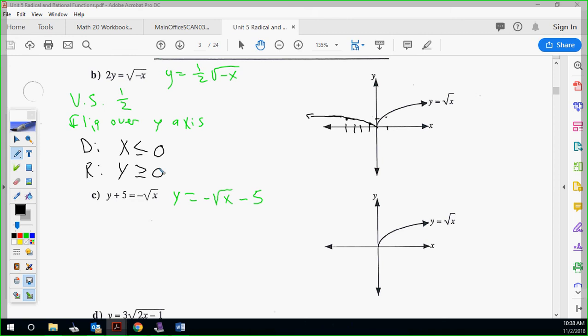So looking at C, what do we have in words? Flip over X, good. Down 5, good. Okay, cool. So that means we're going to flip over X, and we're going to go down 5. So we're going to go 1, 2, 3, 4, 5, and that means it's going this way.